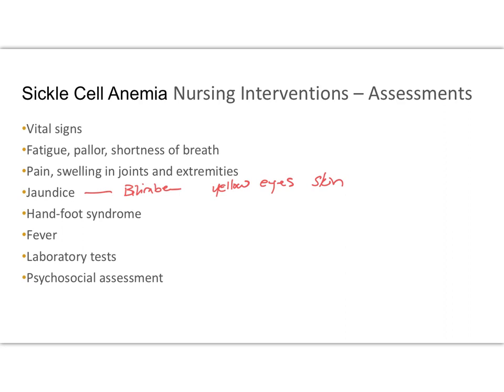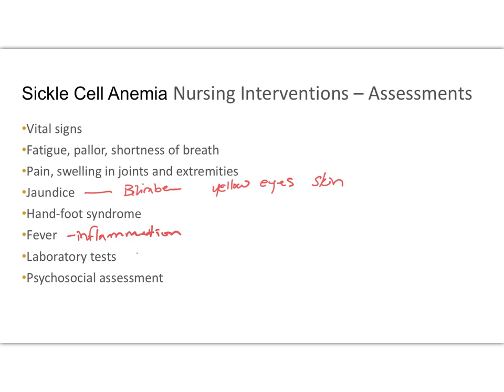So somebody's going to have a lot of pain, can have swelling in joints and extremities because of those vaso-occlusions. May have fever due to inflammation. But then infection can also be a trigger for a crisis. So I want to be assessing for infection itself as well.